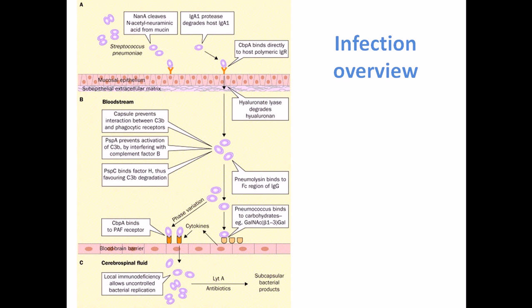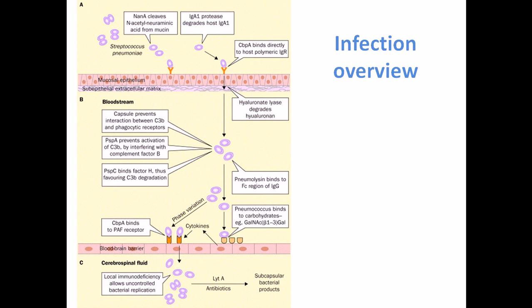Usually what we can see here, NAN-A is a type of protein secreted by Streptococcus pneumoniae, which cleaves N-acetyl neuraminic acid from mucin, right? So they start to secrete those things, and this NAN-A is along with another protein called IgA protease.